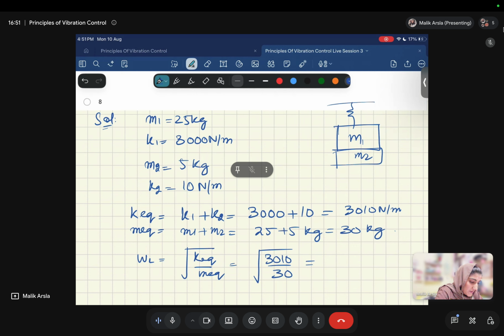So this is coming out to be under root of 100.334.